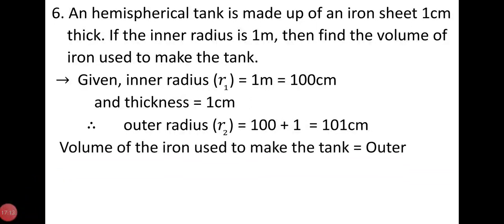Now the volume of the iron used to make the tank means outer volume minus inner volume, because we only have to find the iron sheet used to make the hemispherical tank.